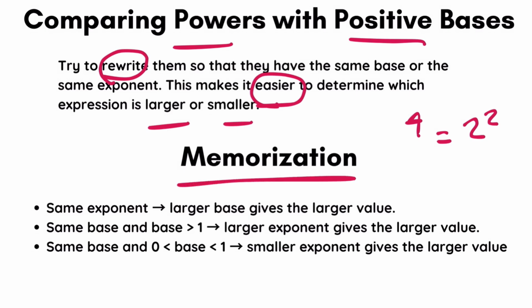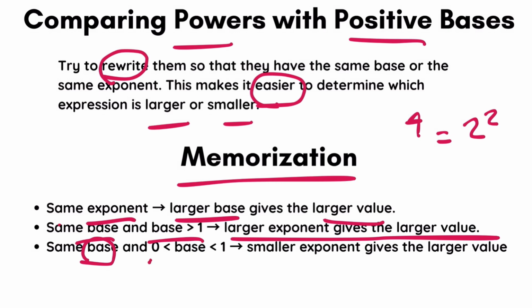The first rule, if we have the same exponent, larger base gives the larger value. If we have the same base and my base is larger than 1, at that time larger exponent gives the larger value. But if I have the same base again, but my base is greater than 0 but smaller than 1, at that time smaller exponent gives the larger value.